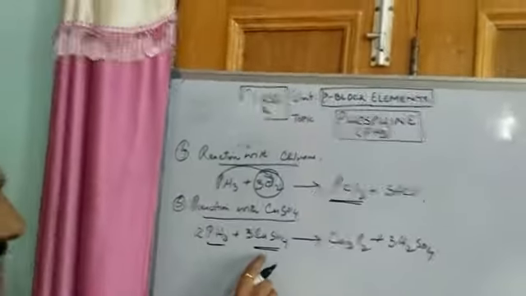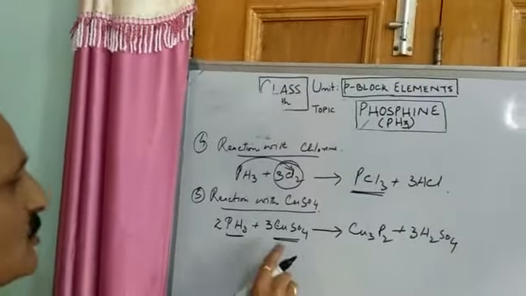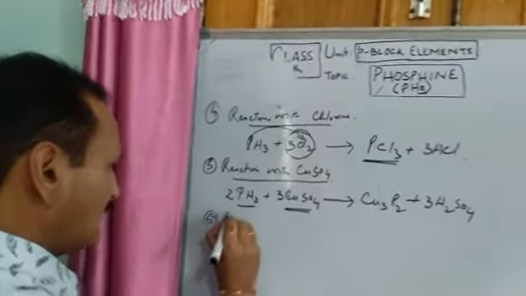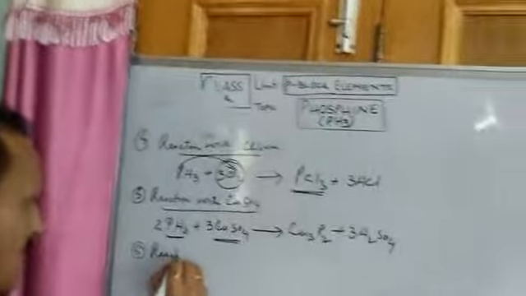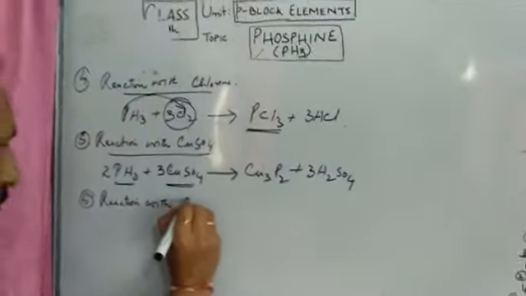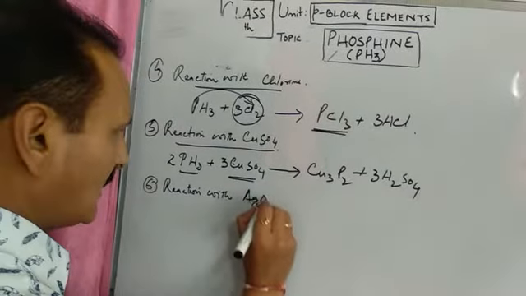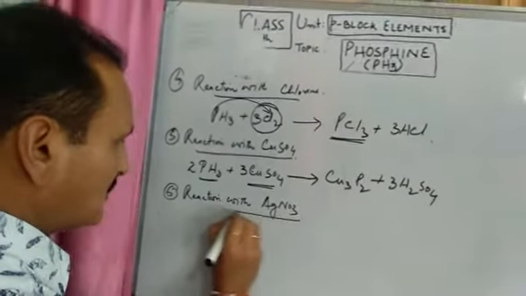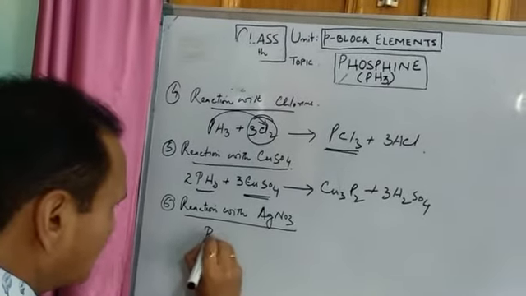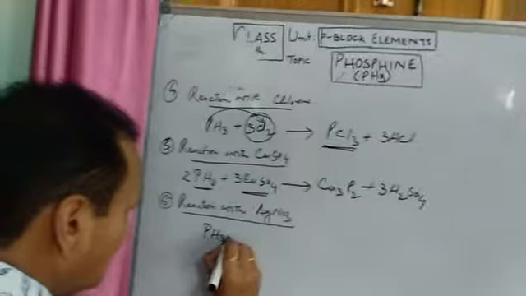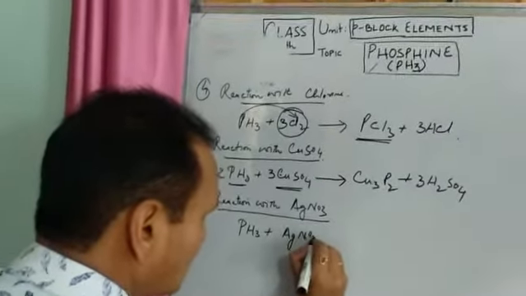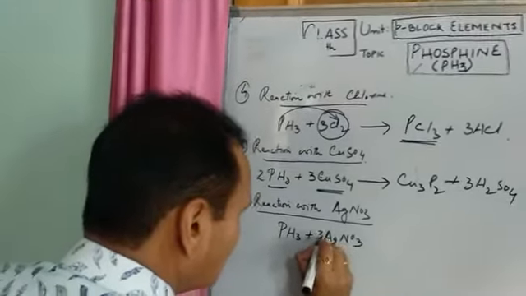We can change the salt here. Suppose we take silver nitrate in place of copper sulfate. So it will be reaction with silver nitrate, that is AgNO3. Let us see what happens to phosphine when treated with silver nitrate. It will be phosphine, PH3, plus AgNO3, thrice silver nitrate.